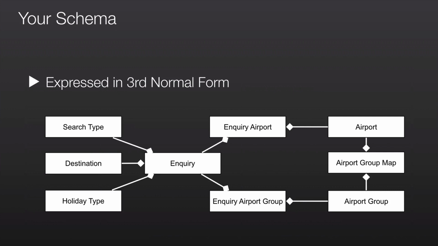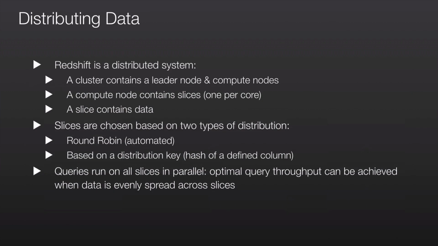Schemas need to be expressed ideally in the third normal form, and we're going to talk a little bit about how schema and data distribution interplay with one another now. And in distributing data, it's important to remember that Redshift is a distributed system. It's containing a leader node, which contains the query planner and schedules queries and aggregates results from queries.